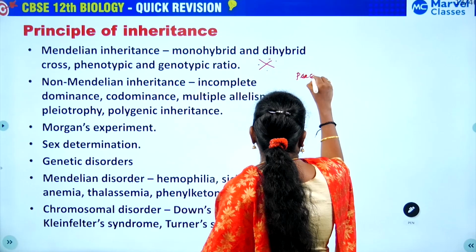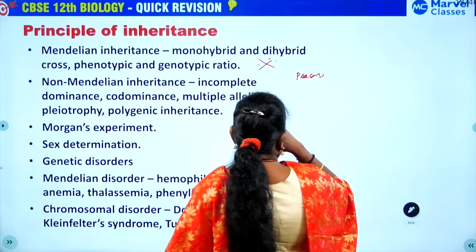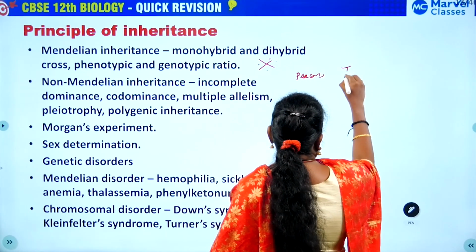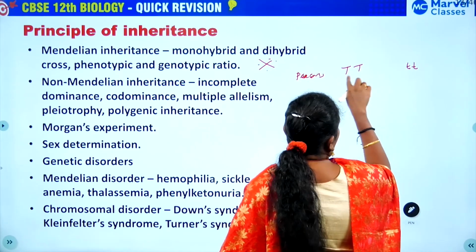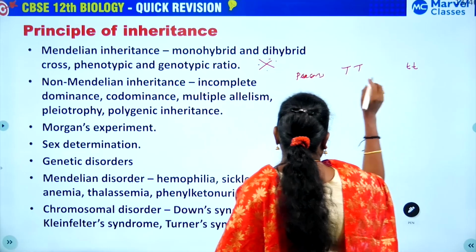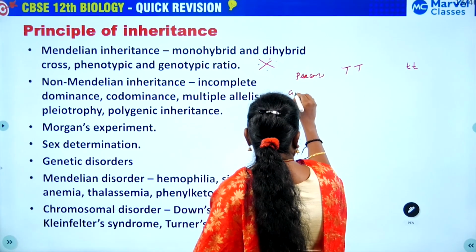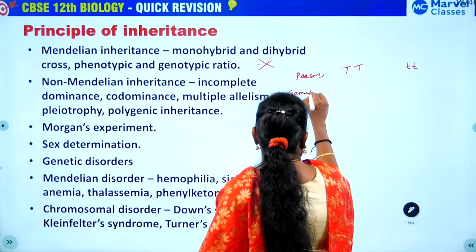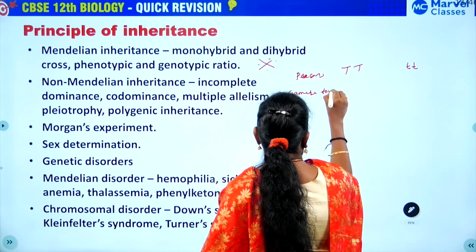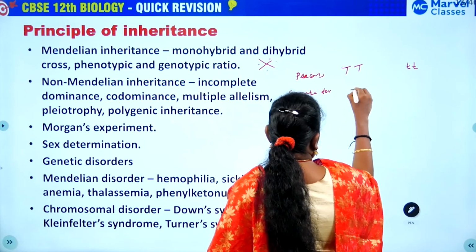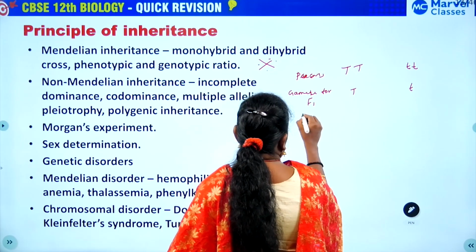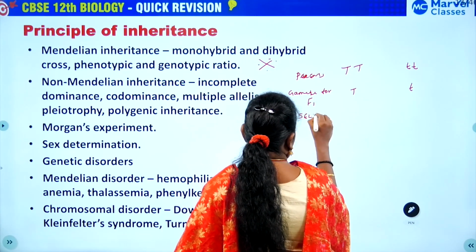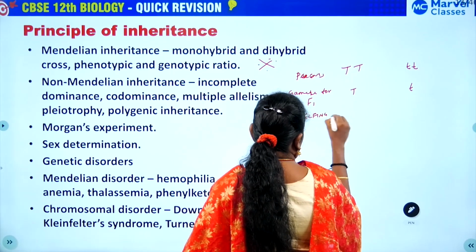Say for example in monohybrid cross you will write capital T, small t, then write what this is: homozygous tall, homozygous recessive. Then after that go for gamete for F1. Then selfing, so like that you have to write step by step.